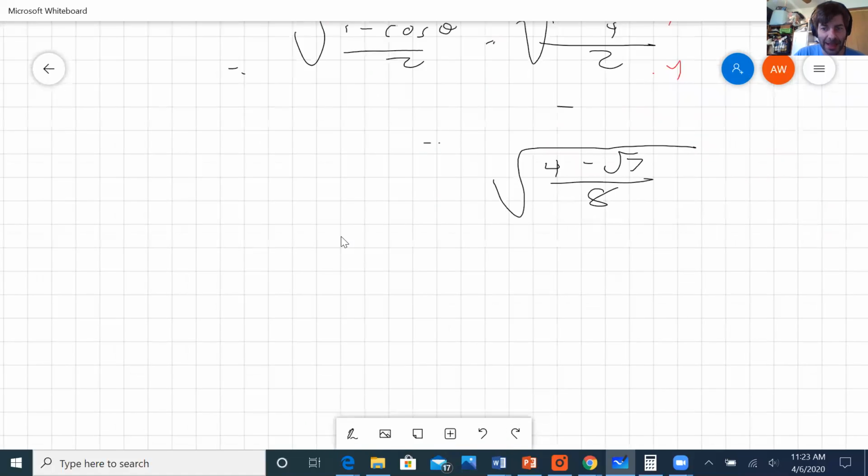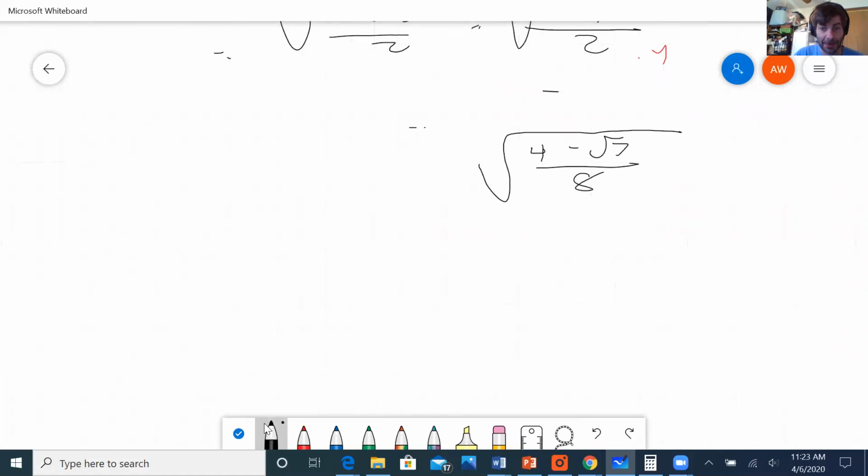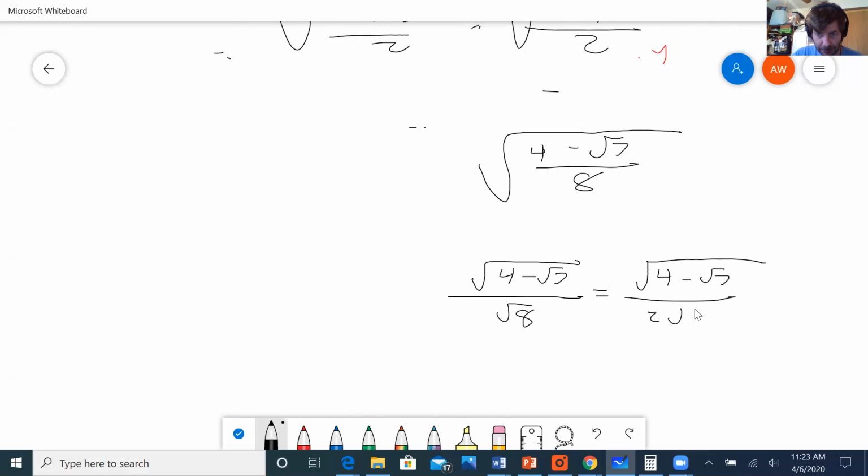But okay, remember from my math lab, they don't like this radical in the denominator. So this is something I can fix later for the quizzes and stuff, but for now, if we want it, they're going to mark it wrong. Root 8 becomes 2 root 2. Then I go, okay, well, I don't like this radical in the denominator. So I'm going to multiply the top and the bottom by root 2.